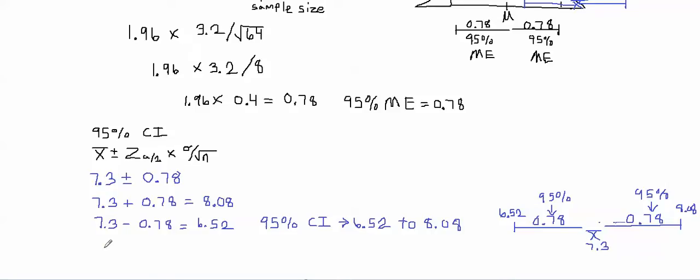For example, if I repeated my study with a different sample, my new sample mean might be 8.5, which would mean that in my second study, I'd be adding and subtracting from my new sample mean of 8.5. So instead of creating an interval around 7.3, I'd be creating an interval around my new sample mean of 8.5, which would mean that the entire confidence interval would change.